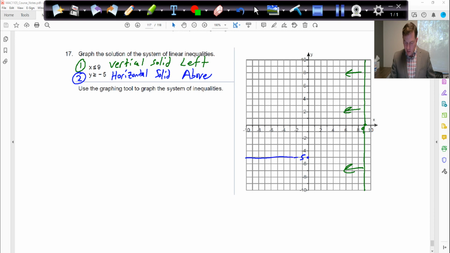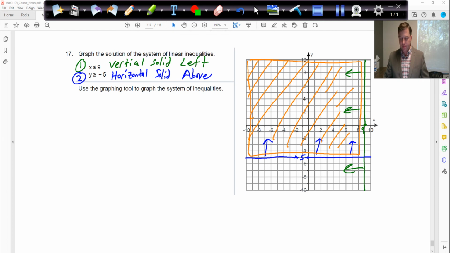We do a solid horizontal line, minus 5, and we want to be above it. So you can see that this carves out this box right here. So anything in there will work for both of those inequalities. Okay, so it should be a pretty quick problem if you remember vertical and horizontal lines.